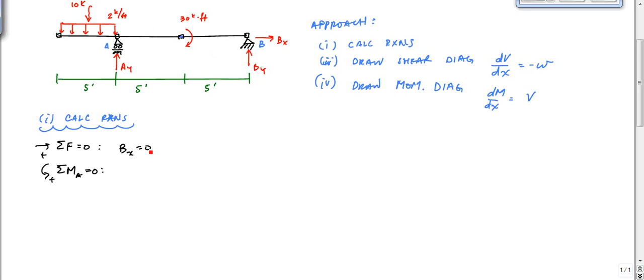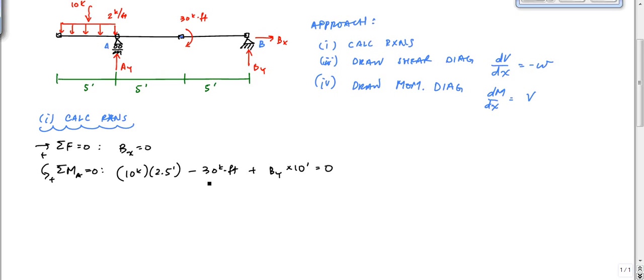So I have 10 kips times 2.5 feet, minus 30 kip-feet, plus By times 10 feet equal to 0.